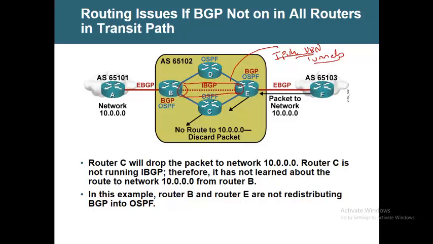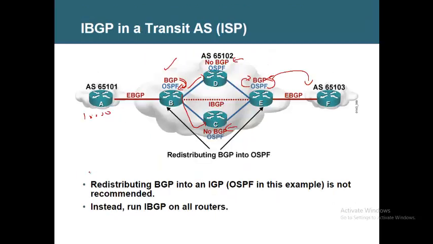We call it MPLS Layer 3 VPN. That's a very good idea, which we see in most places. Big ISPs, small ISPs, they all do that. But some poor people don't realize that they are making a mistake. They simply redistribute. Not good.